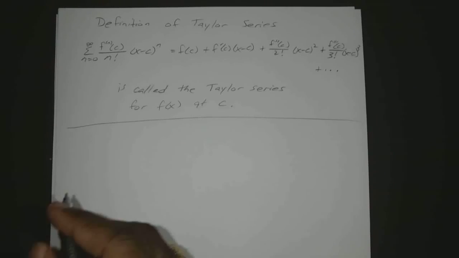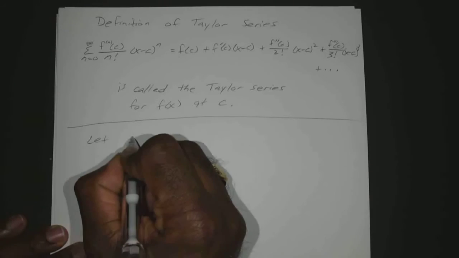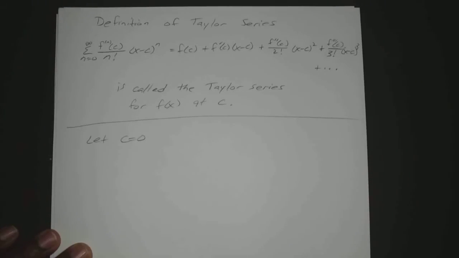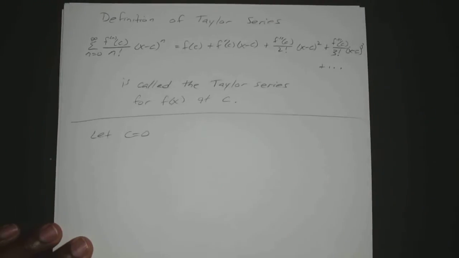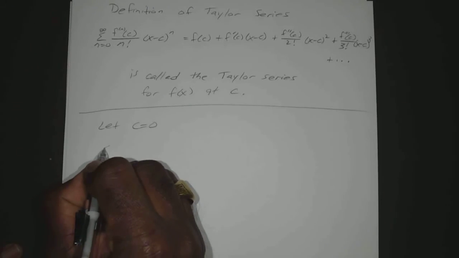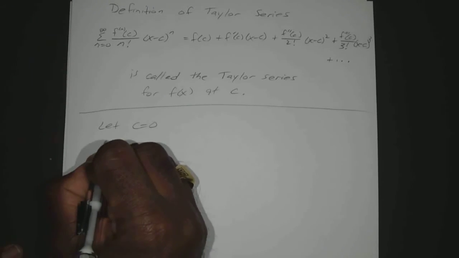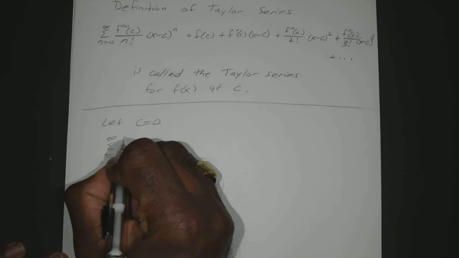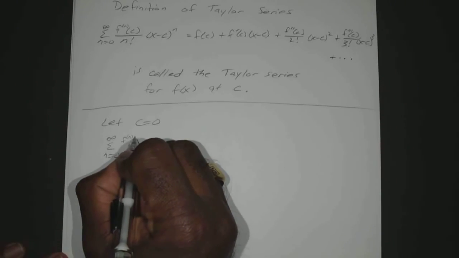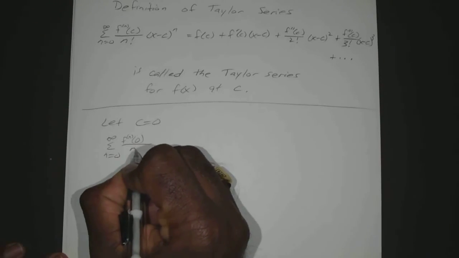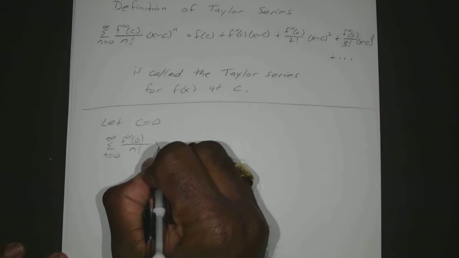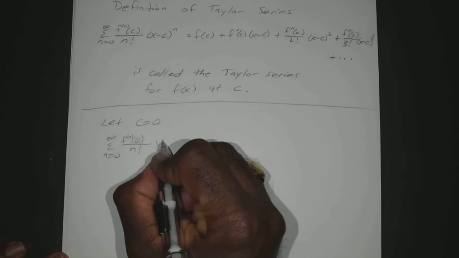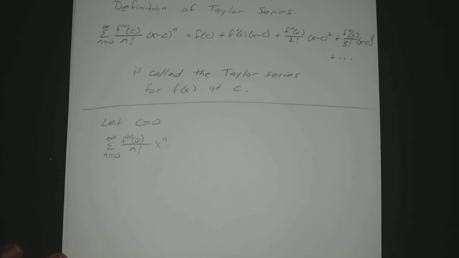All right, so let's say we let c equal 0. So for all of these, c is just equal to 0. You have the sum from n equals 0 to infinity of the nth derivative at 0 over n factorial, and instead of x minus c to the n, it's just x to the nth power.